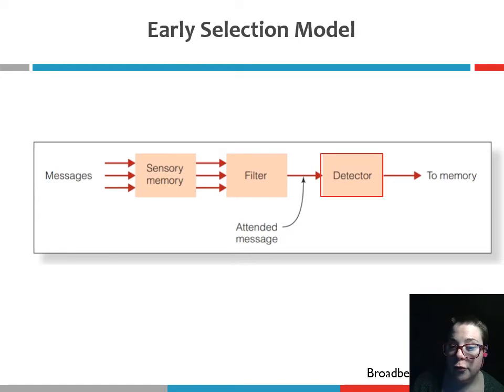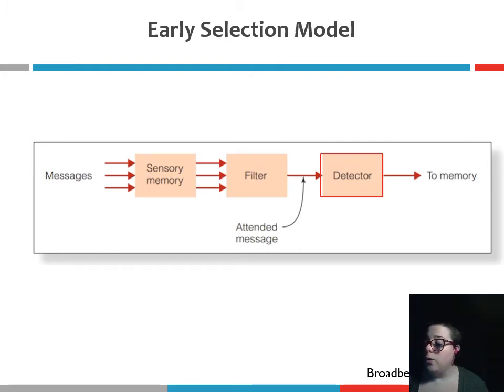Okay, so said differently, the function of this filter is to select the information in the attended ear and filter out all of the information in the unattended ear. Okay, so remember, up to this point, all of the information in the attended ear has been processed in terms of its physical characteristics, or what it sounds like, right?